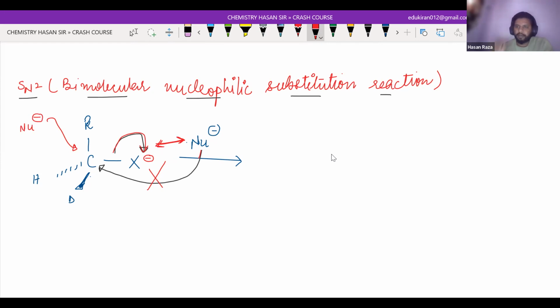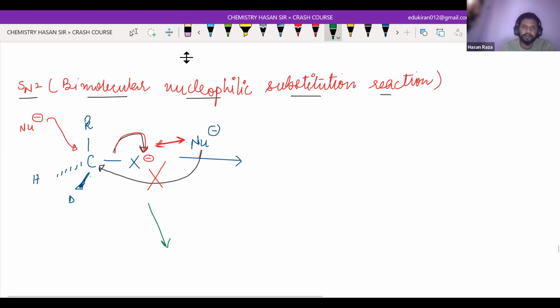First of all, SN1 is in two steps. First, the X minus leaves. The nucleophile will wait until X minus leaves. But here in SN2, the nucleophile does not wait. While X minus is leaving the alkyl group, the nucleophile will attack.